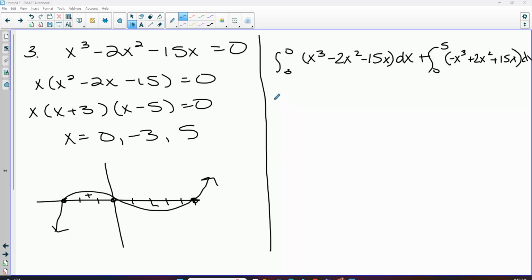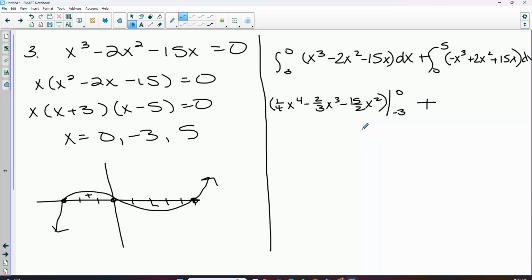All right, so if I do my antiderivative, sorry, I didn't leave myself enough space.